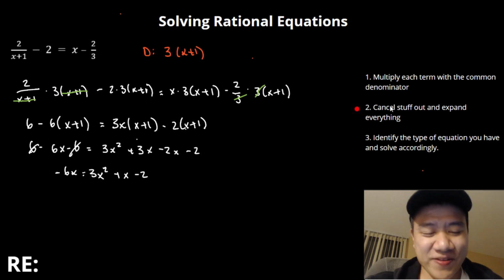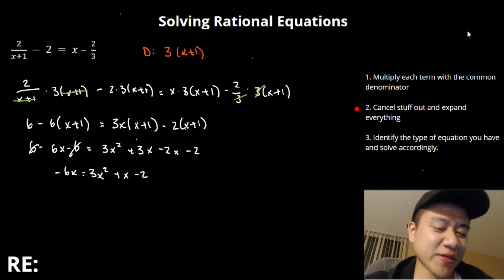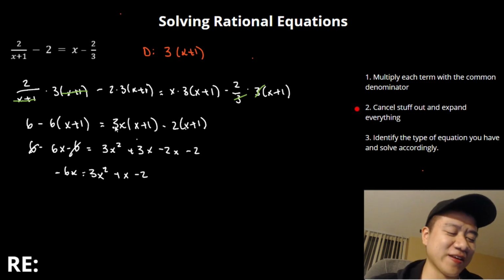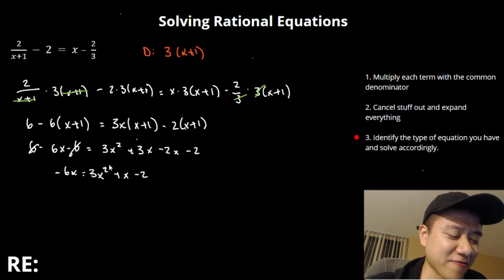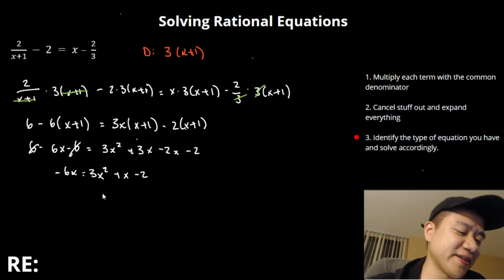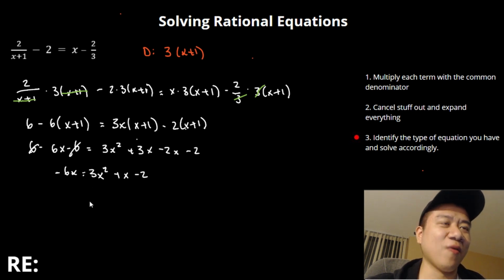The third step is to identify the type of equation we have and solve accordingly. If we look at what we have here, after we simplified a bunch of stuff, this guy is a quadratic equation. Quadratic equations have x terms that are squared, and the rest of the terms are lower degree, so any exponents that are 1 or below.